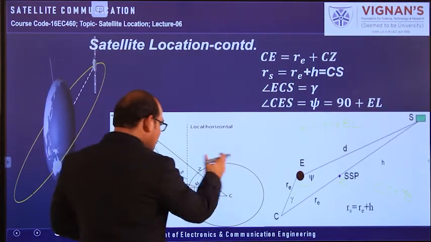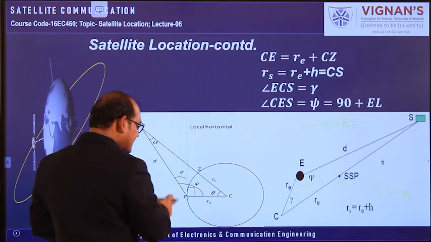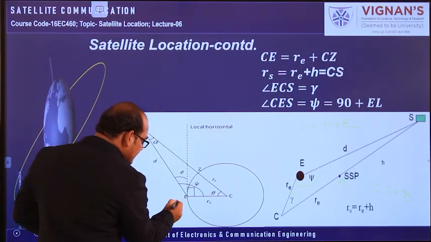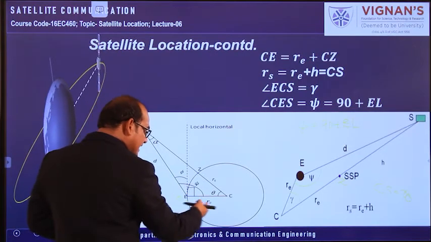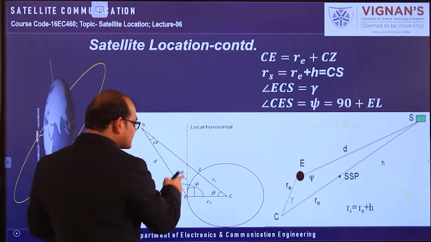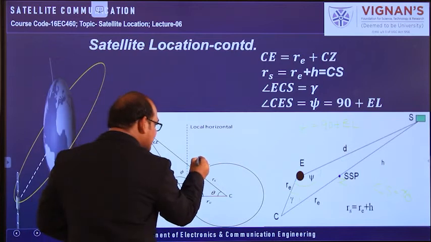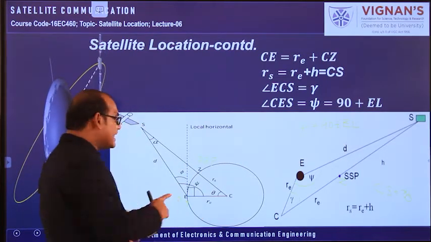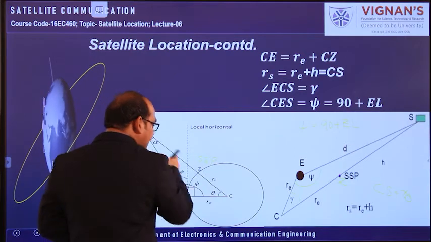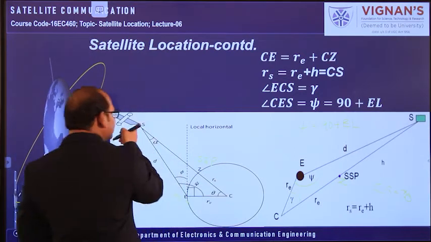So the earth is available, the center is there, here the earth station is available, and from the center to the earth station, the earth radius RE is available, and this is a subsatellite point. How to tell it is a subsatellite point? It must be the intersection point of the earth curvature with the line joining the center of the earth and the satellite.